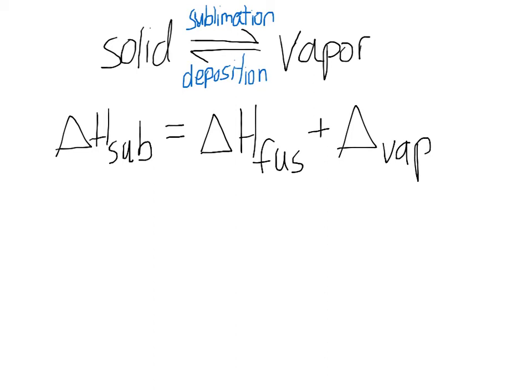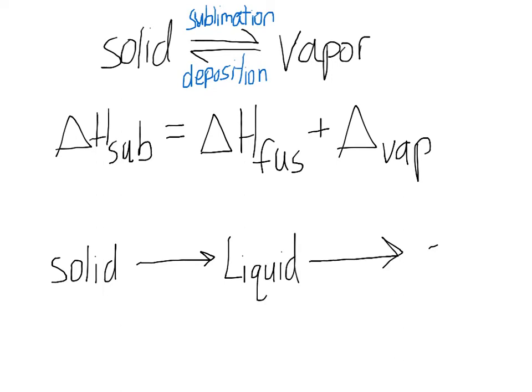Because if we were going to take, say, we had a solid, and then we're going to take it to the liquid, right? And then we're going to take it to the gas, right? To go from the solid to the liquid, we know that's the enthalpy of fusion. To go from the liquid to the gas, that's the enthalpy of vaporization.